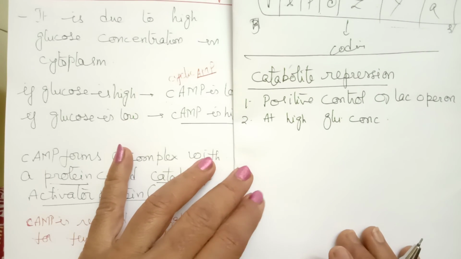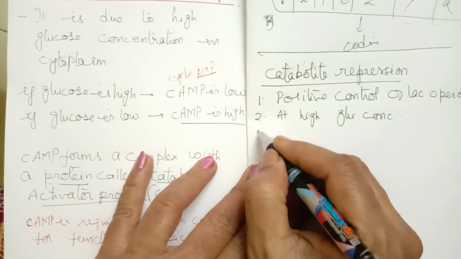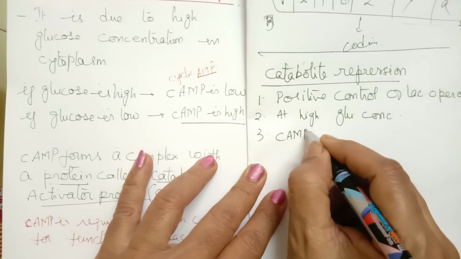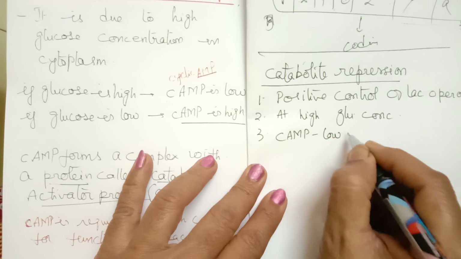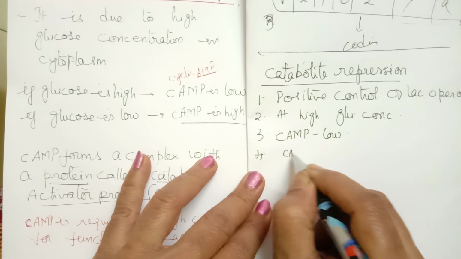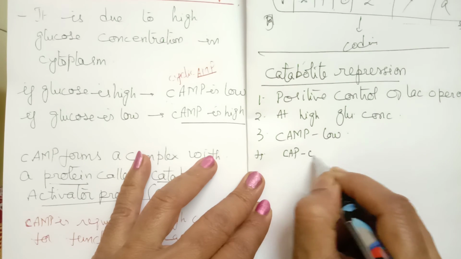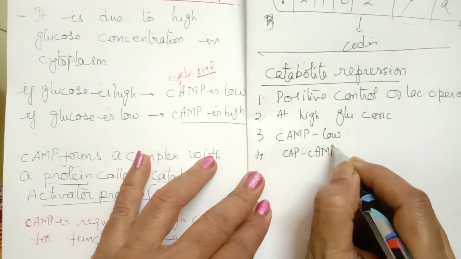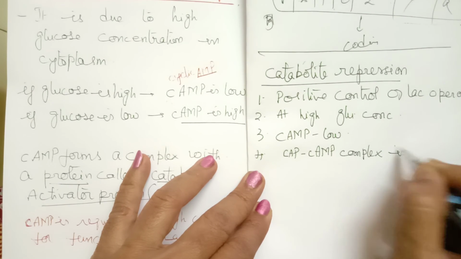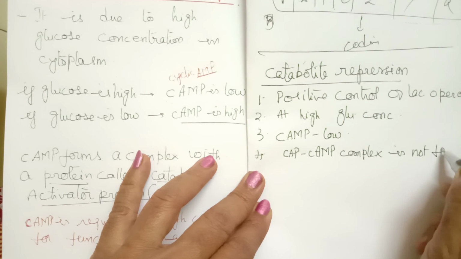So what happens at high glucose concentration? Cyclic AMP becomes low, and the complex, that is CAP, catabolite activator protein, and cyclic AMP complex, is not formed.